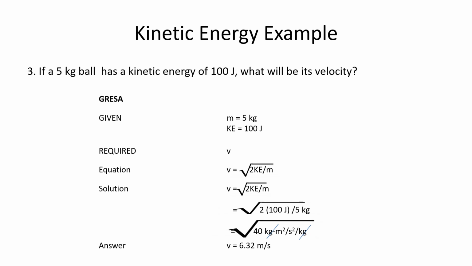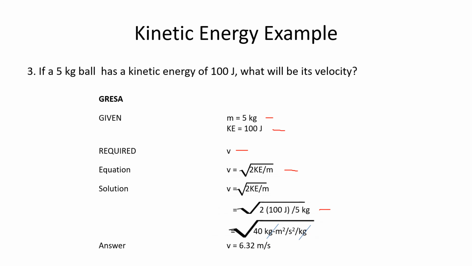Going back to our problem, we already have the given, which are the mass of 5 kilogram and kinetic energy of 100 joules. We are looking for velocity, and we were able to derive the equation, which is v is equal to the square root of 2KE over m.